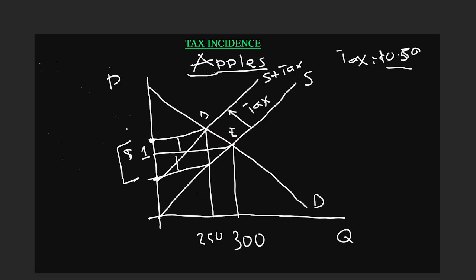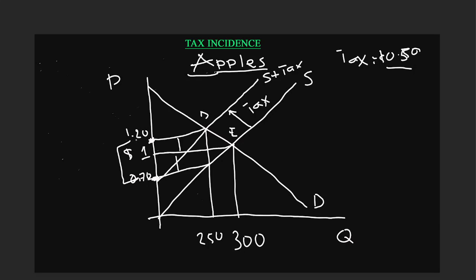So let's say price goes up to $1.20. The gap between the two supply curves should be 50 cents. If this is 1.2, then this point needs to be 0.7, or 70 cents.